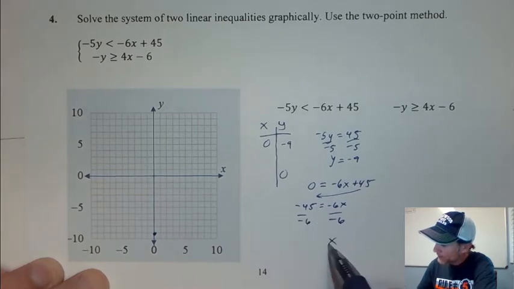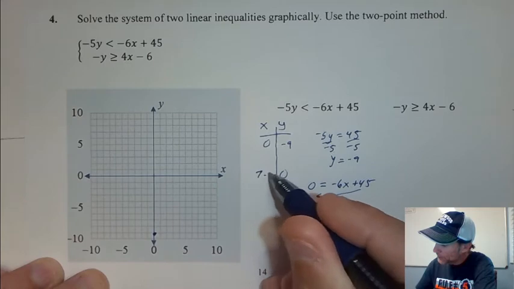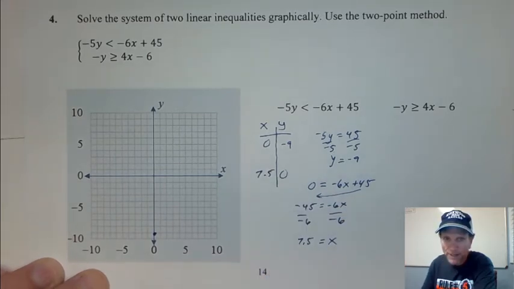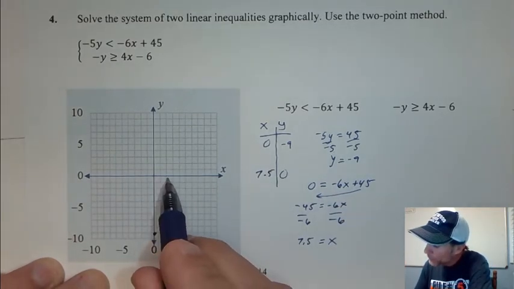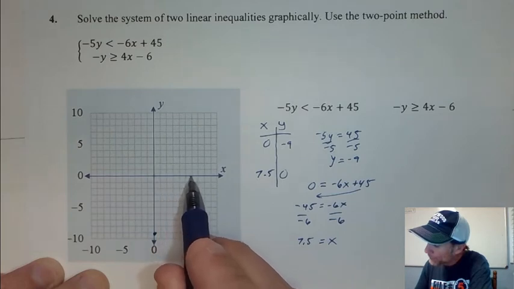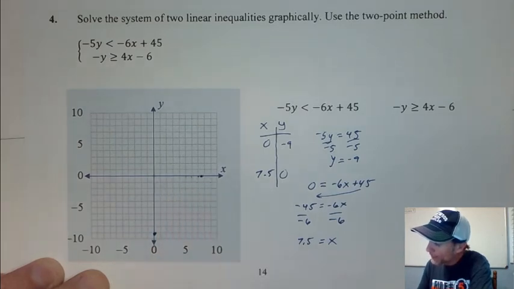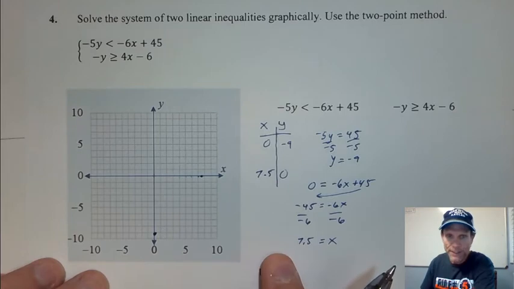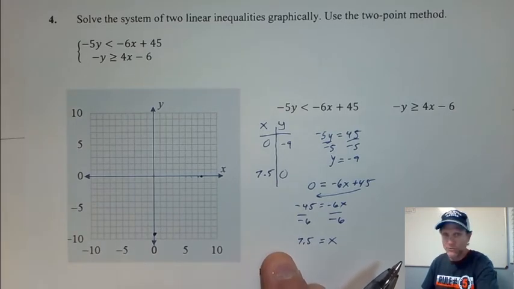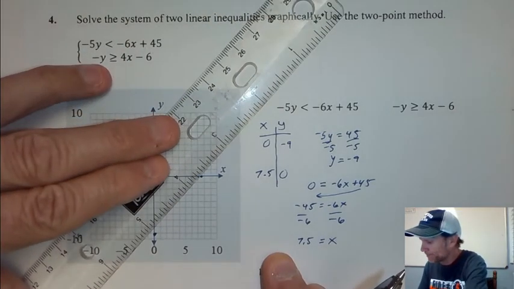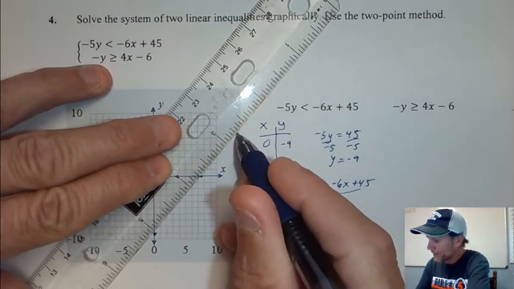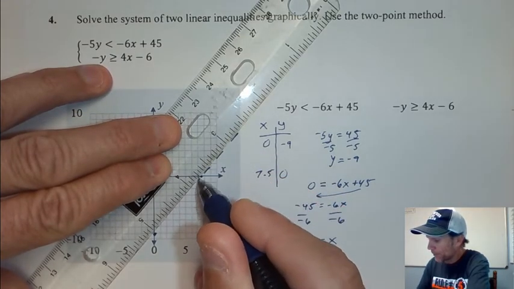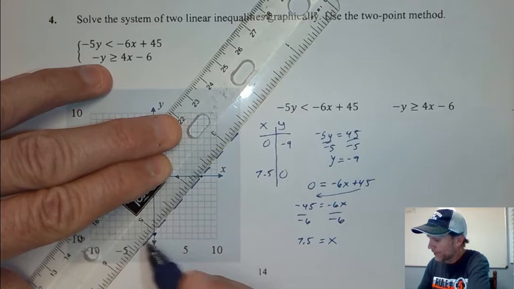And I get x is equal to, if you divide it out in a calculator, and it's a little easier to plot when it's 7.5. So I come out 1, 2, 3, 4, 5, 6, 7, and halfway to 8. Okay, and then that's going to be a dashed line because there's no equal to sign. As I draw the dashed line, maybe you start thinking about what point we're going to test here.